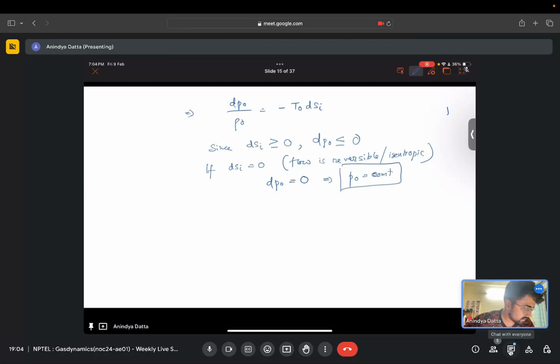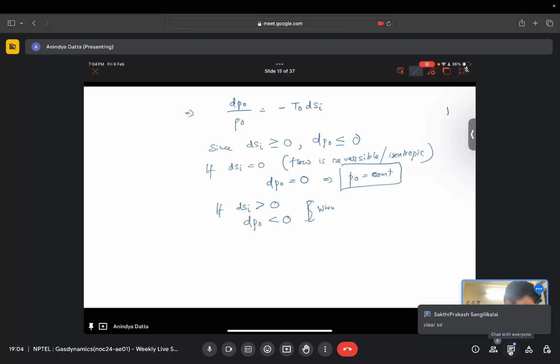But if dsi is greater than 0, dp0 is less than 0. Is this clear? When there are irreversibilities in the flow.